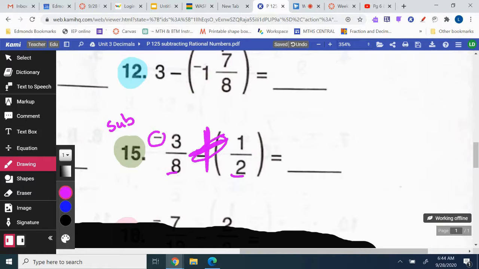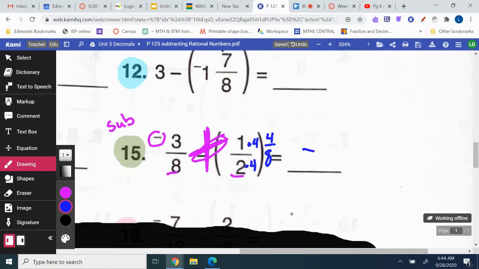And the answer is no. Oh man, now I got more work to do. Well, let's change these denominators. I know that 2 goes into 8 4 times, so I'm going to multiply this by 4. And if I do it to the bottom, I have to do it to the top. So I'm going to get my new fraction as 4 over 8. Great. Now I can subtract it.